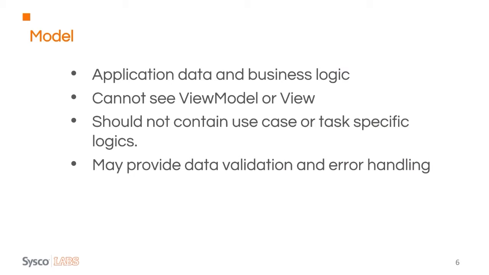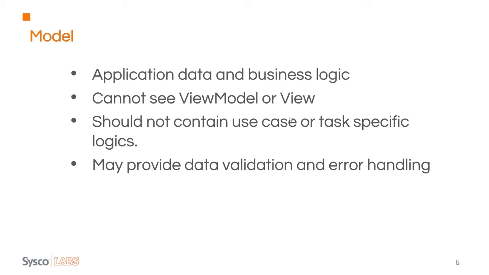For example, let's say the login flow. Anything that happens in the login flow or navigation, those types of application-specific tasks, should not be in the model layer. This will be purely business logic.